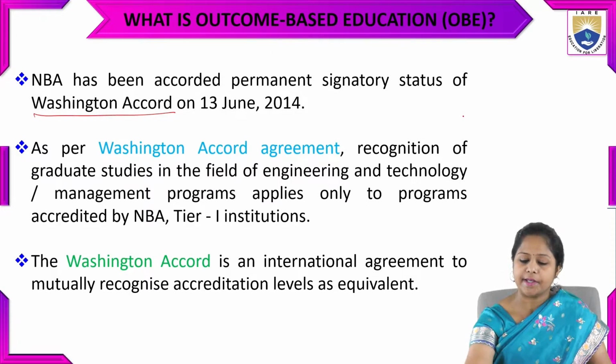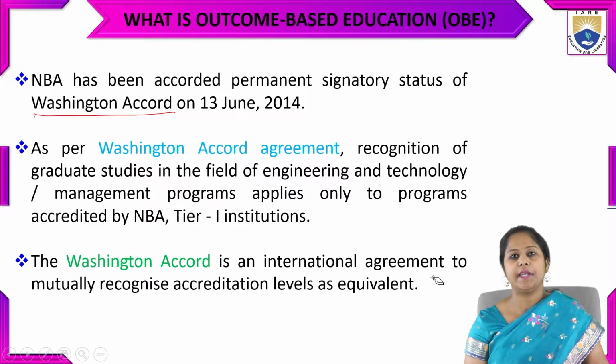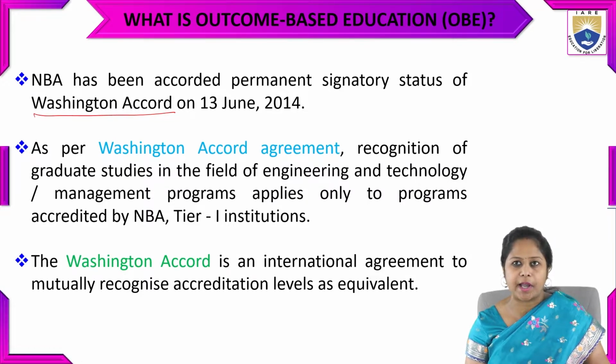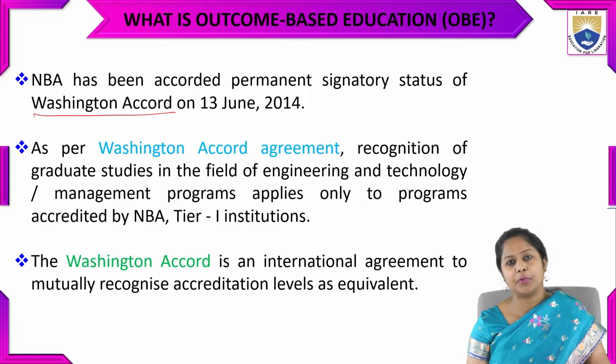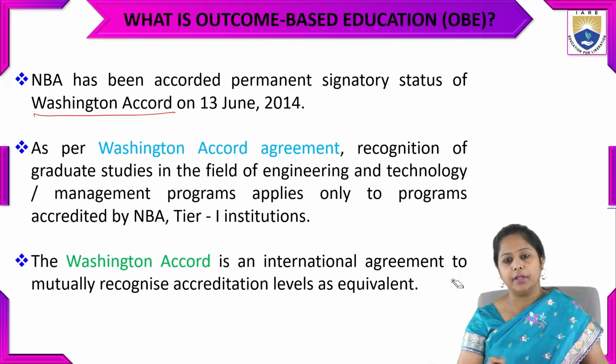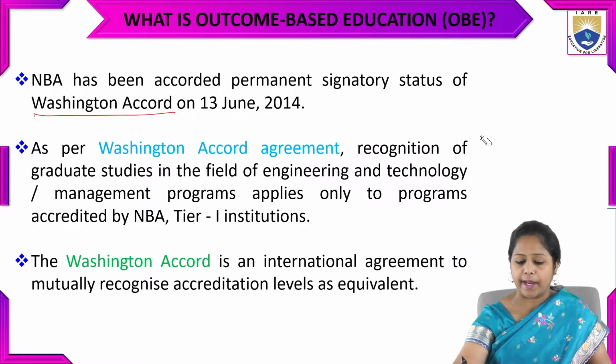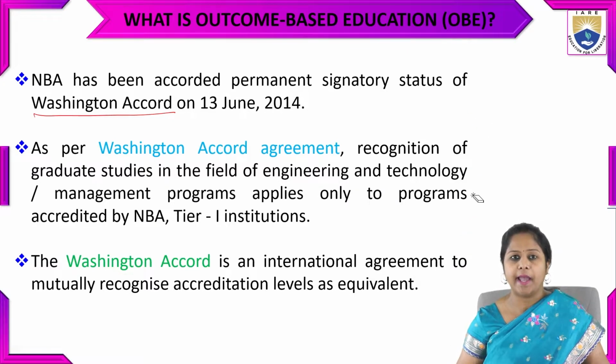As per the Washington Accord Agreement, recognition of graduate studies in the field of engineering and technology as well as management programs applies to programs accredited by NBA for Tier 1 institutions. With this agreement, recognition of all engineering graduates as well as management graduates applies to the programs accredited by NBA.